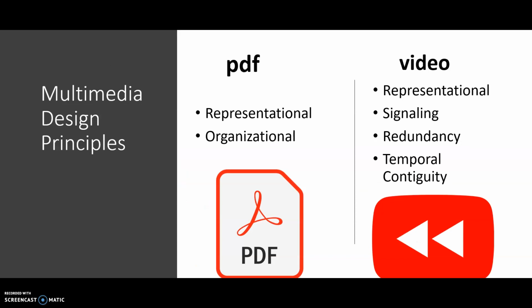So the multimedia design principles in play here for both the video and the PDF are both representational. So you are seeing, in the PDF's case, screenshots of the software. In the video, you are seeing the actual software in use. The PDF focuses more on organizational aspects.